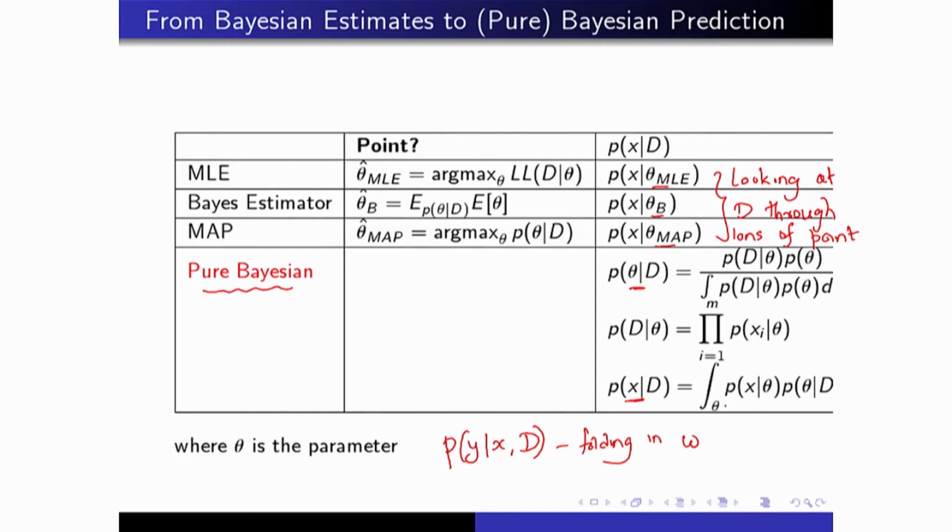So p of x given d is nothing but the integral over theta of p of x comma theta given d d theta. But this turns out to be nothing but the integral over theta of p of x given theta into probability of theta given d d theta. And the reason is x depends on the parameter only through d. So given the data, x and theta are independent.